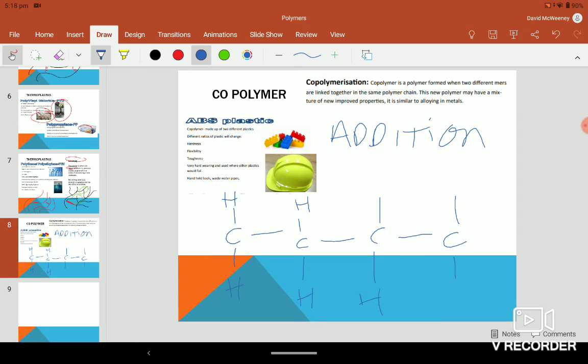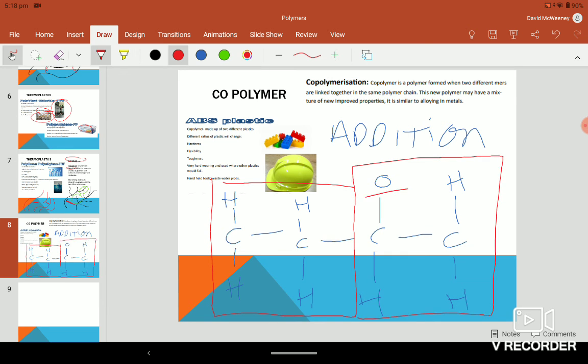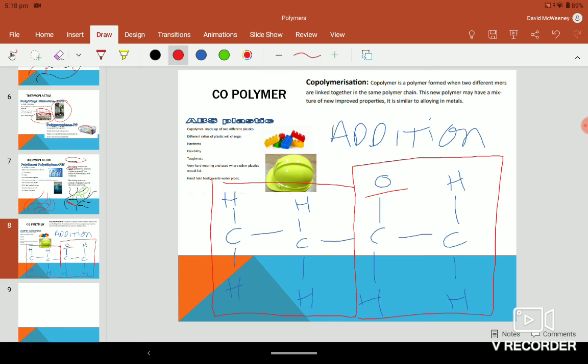You have hydrogen, hydrogen, hydrogen, and I think that's an oxygen. So what you have there is two different molecules joined together, the oxygen being the different one. They're two different molecules for two different plastics. The way this works, again, is addition: the two of them join together to make one.